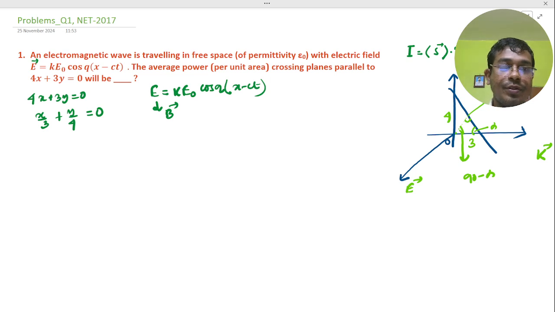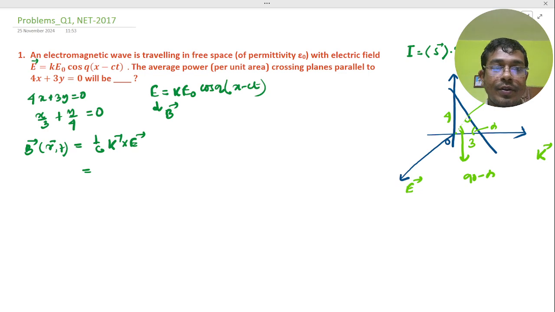So we put these equations: B is basically 1 by c, k cross E. This is our equation, and k is in the x cap, and this is y cap, and this is z cap.